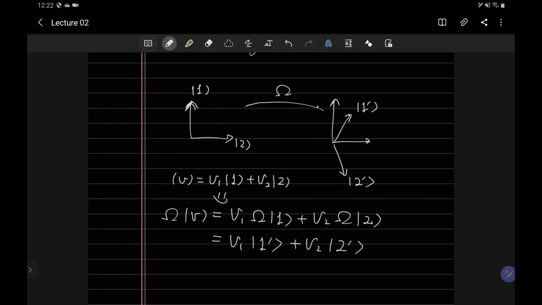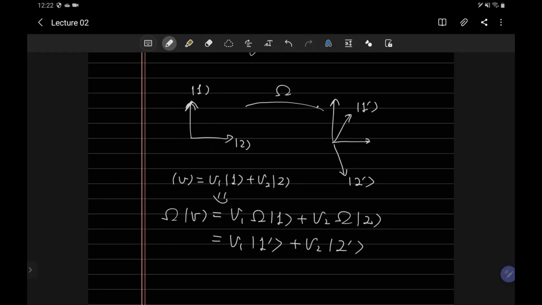From this relation, we can claim that by knowing only how vector 1 is mapped and how vector 2 is mapped, the rest of the calculation does not require computing all the vectors inside this vector space.